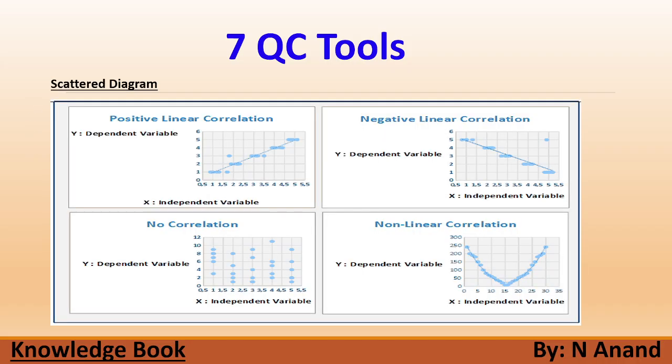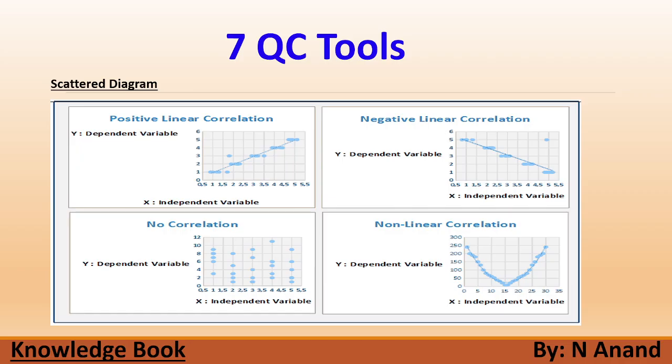Here you can see all the scatter diagrams. The first scatter diagram shows a positive linear correlation between the x-axis and y-axis. The second diagram shows a negative linear correlation between the x-axis and y-axis.